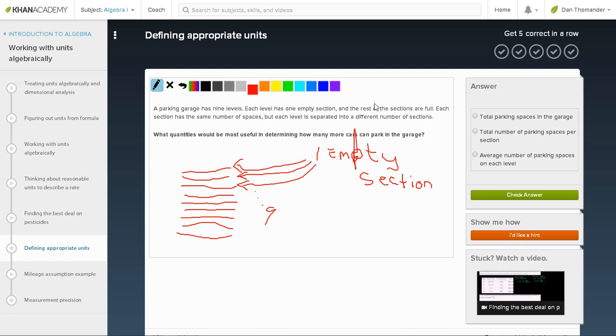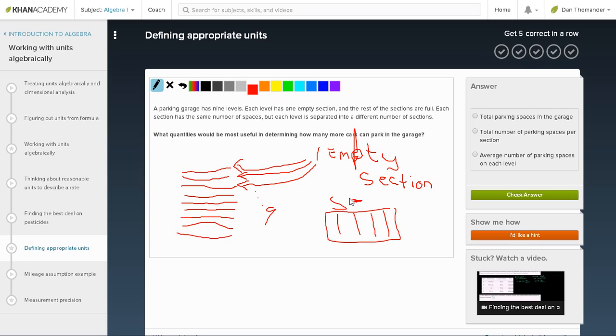All right. The rest of the sections are full, so each section has the same number of spaces, right? So all sections have the same number of spaces. I don't know how many that is, but all sections are equal.